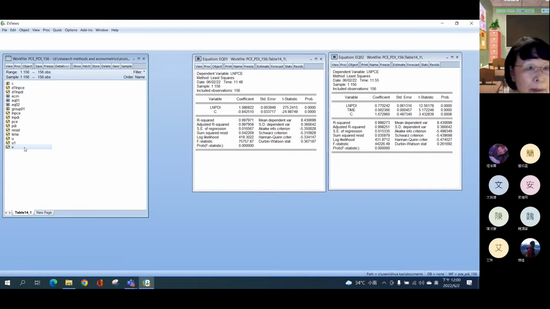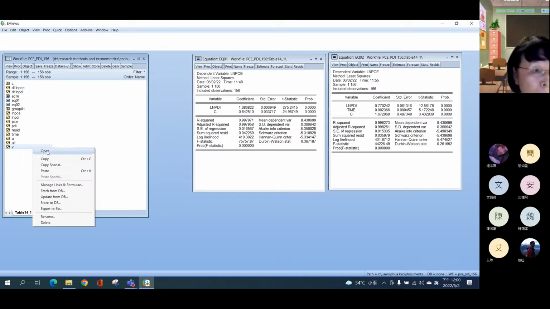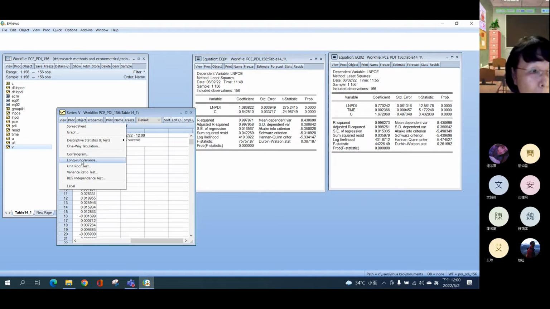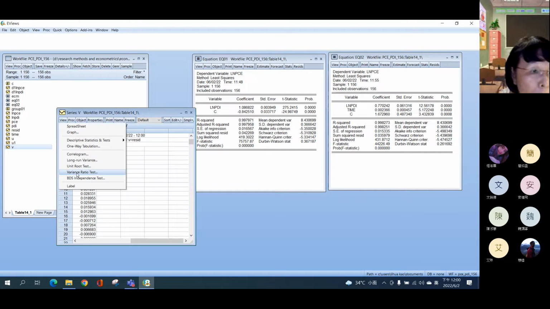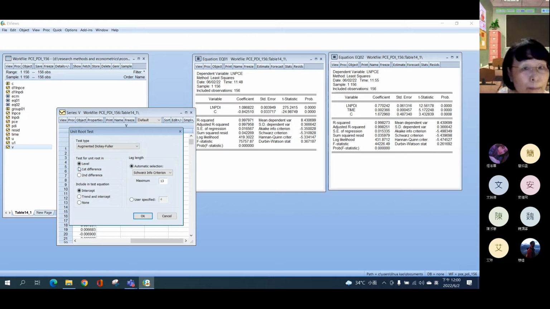If I run the unit root test on the residuals, and since I'm already detrended, let me just try maybe just intercept, or let's start with none.